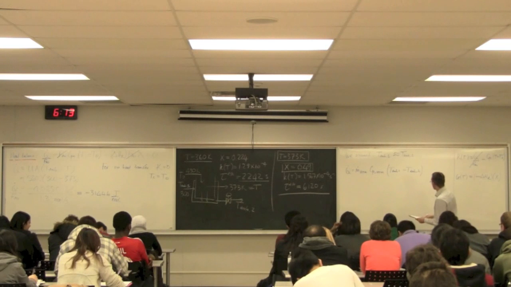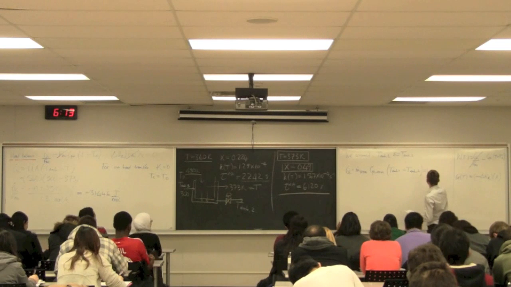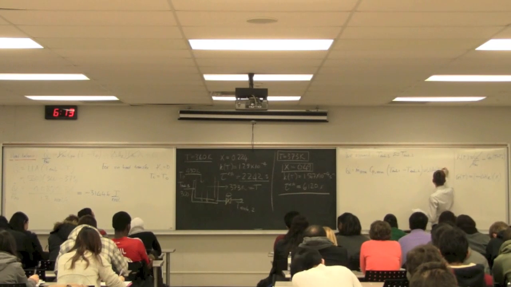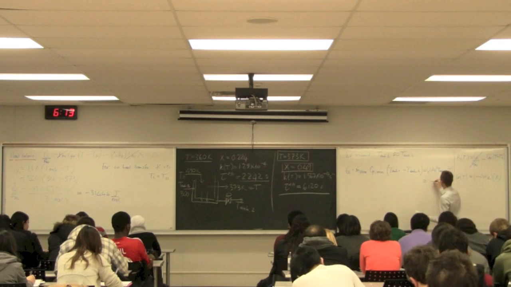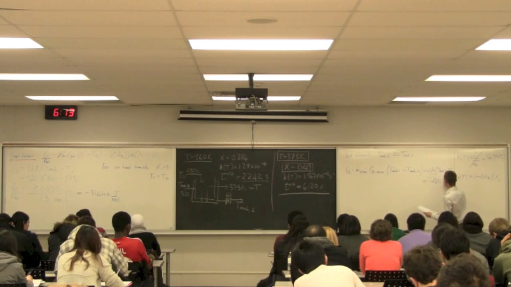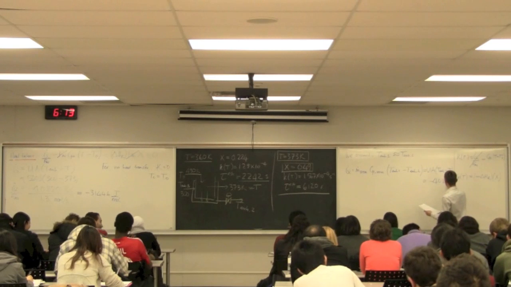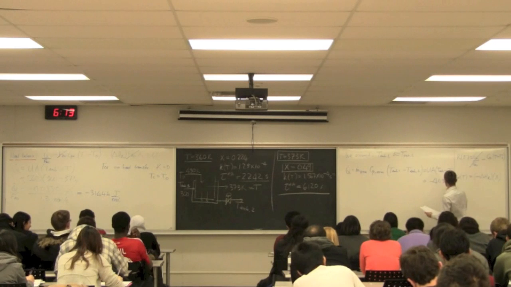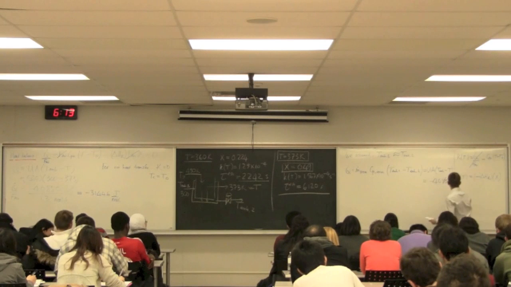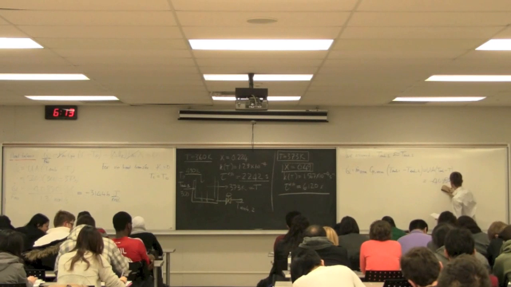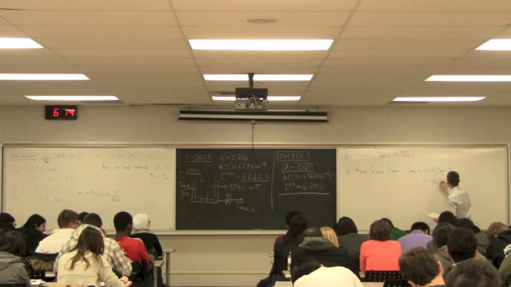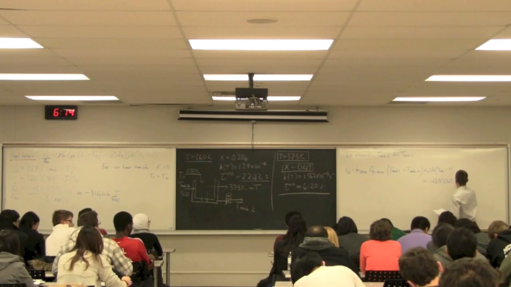But that is also equal to U times A times T ambient minus T. And Marina calculated that earlier as minus 40,880 joules per second.